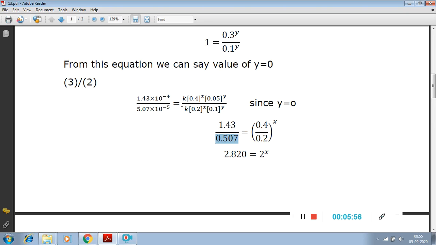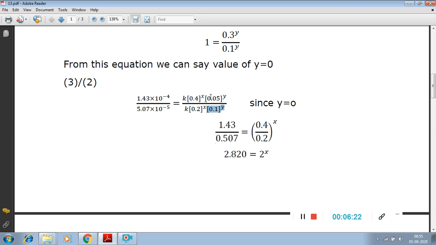Now on other side you can see k will be cancelled out. Similarly y is equal to 0, we got that. So this value 0.05 raised to y raised to 0 means 1. Similarly 0.1 raised to 0, that is also equal to 1.